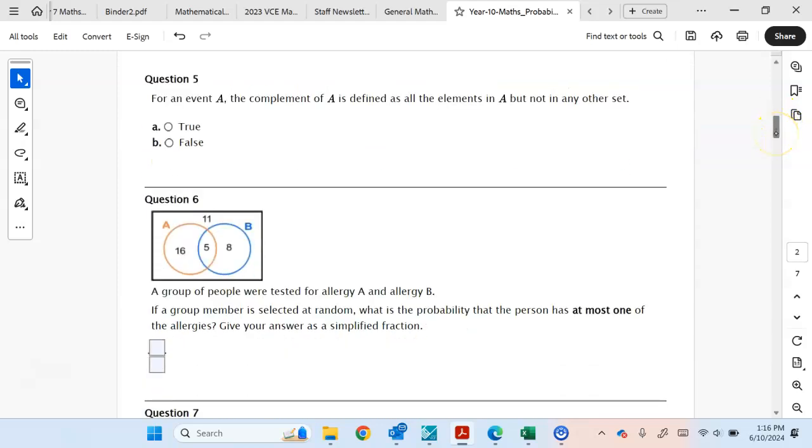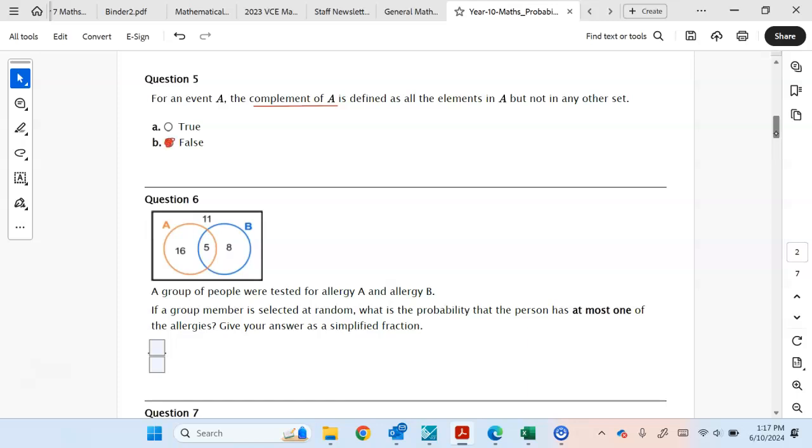There we go. For an event A, the complement of A is defined as all the elements in A, but not in any other set. Oh, this is interesting. Well, no. The complement is not all the elements in A. It's all the elements that aren't in A. So that's false.